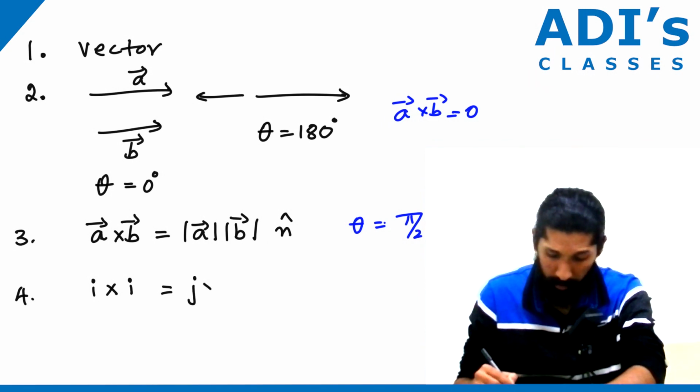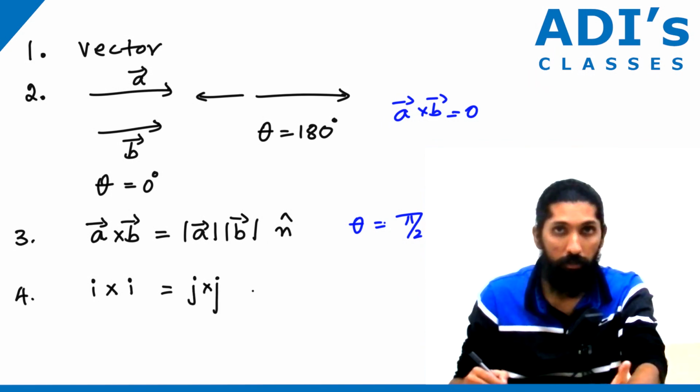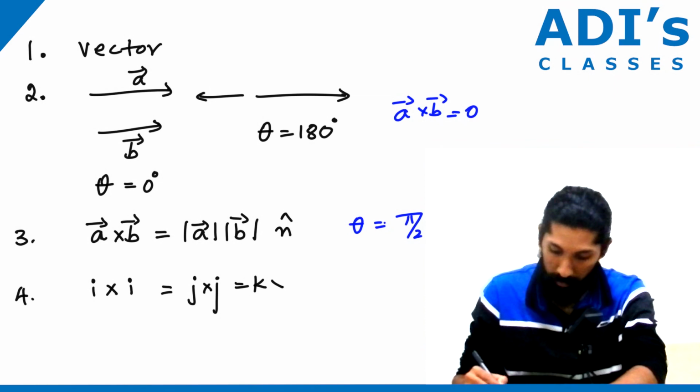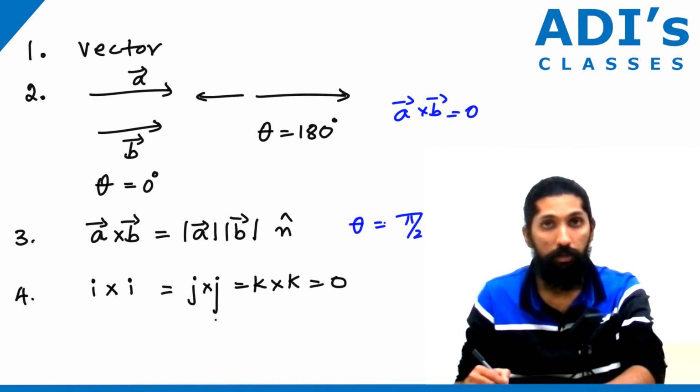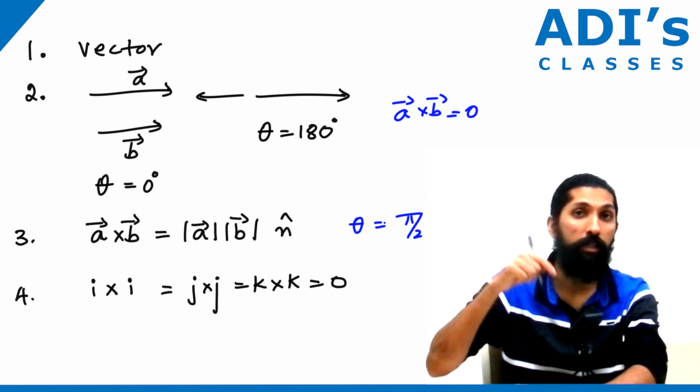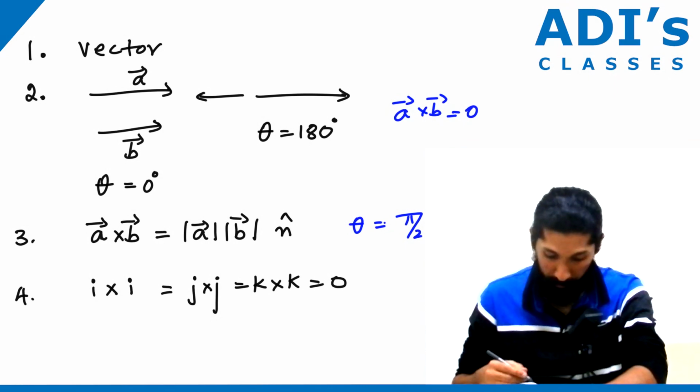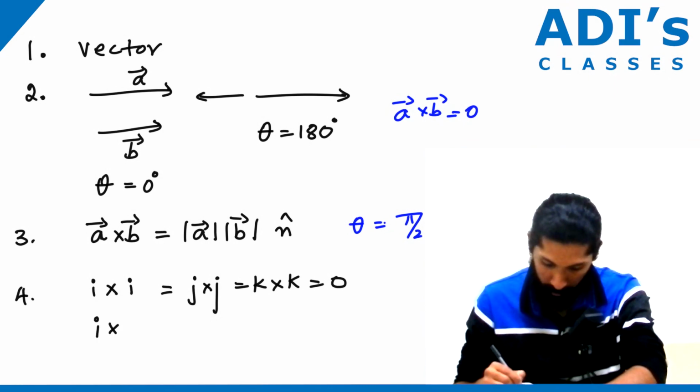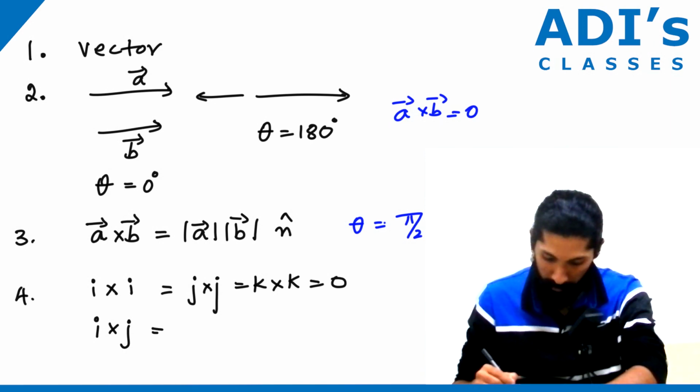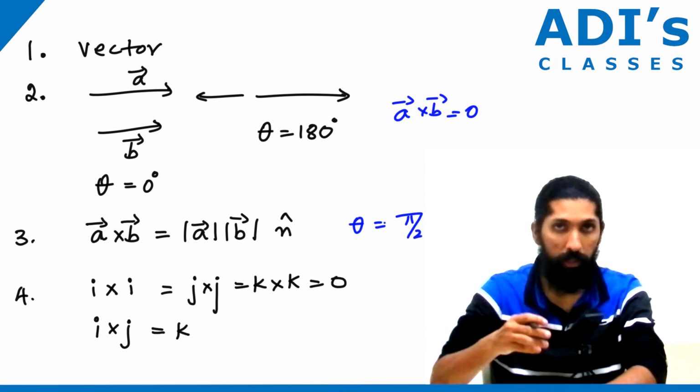So I cross I, J cross J is also 0, K cross K is also equal to 0. Now these three are zeros. But what if we have I cross J? That means here we are looking at I cross J. This value becomes K.